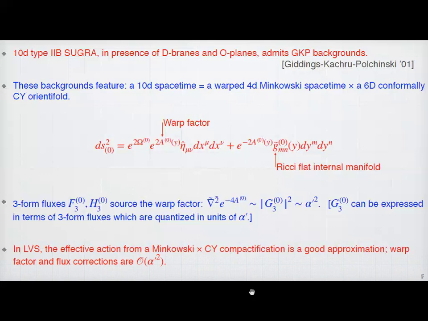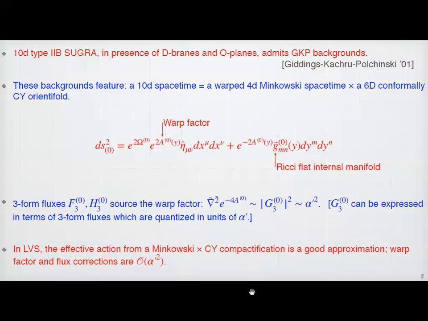If you solve the 10D equations of motion, this Y factor is given in terms of the 3-form flux in the GKP background. And there is a quantization for F3 and H3, which in units of alpha prime are integers. Therefore, the warp factor goes as alpha prime squared.